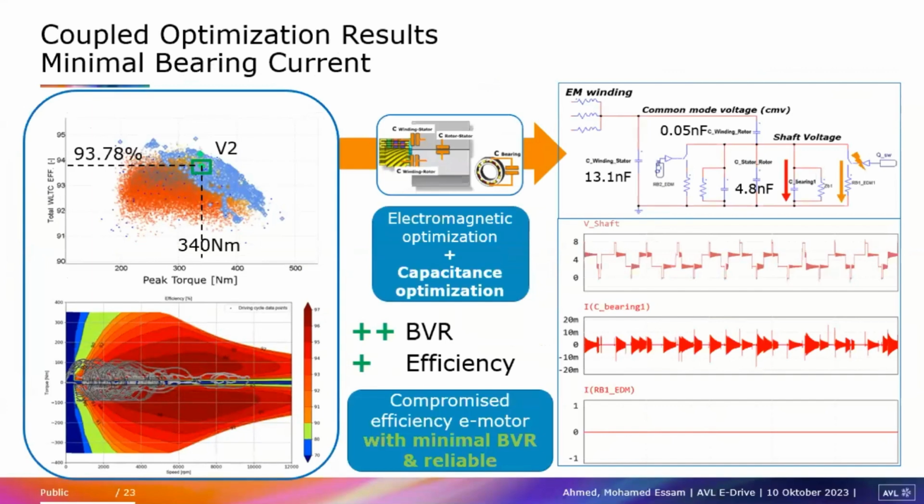The operating point, from what we saw, mainly affects the bearing capacitance. But the winding, stator and rotor capacitances are geometry and insulation based, so the operating point does not play much of a role there. In this study we kept the bearing capacitance fixed, because it is not easy to get these data.